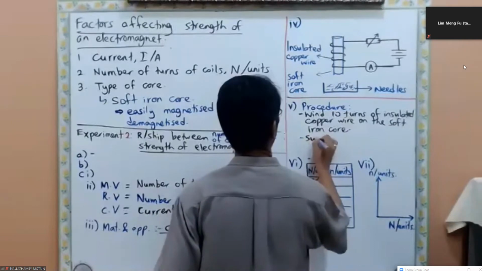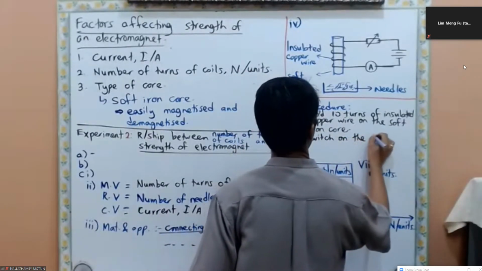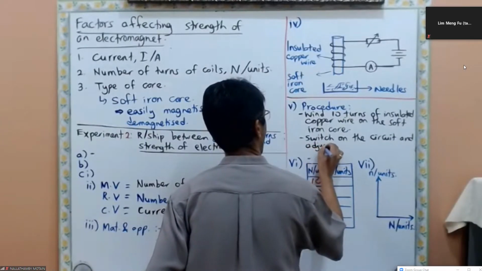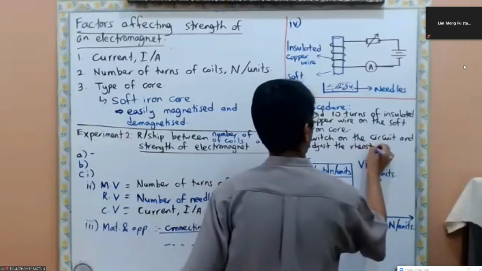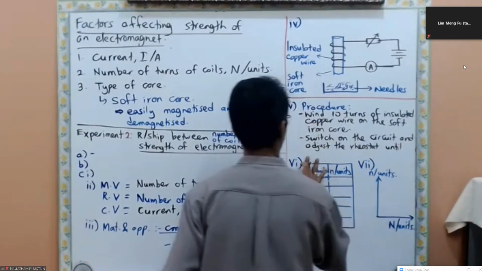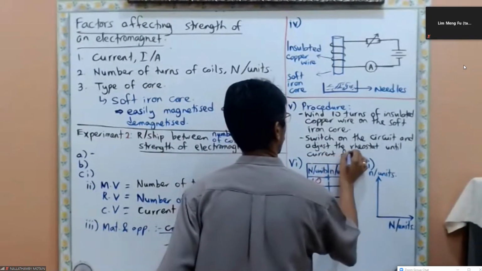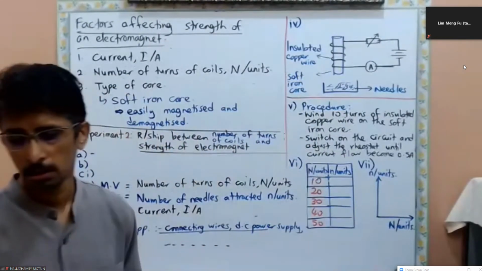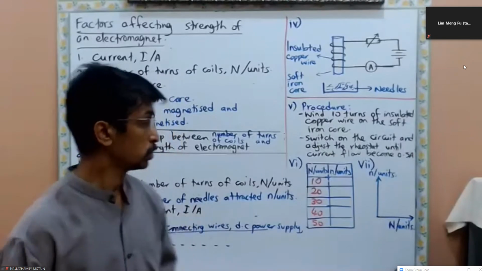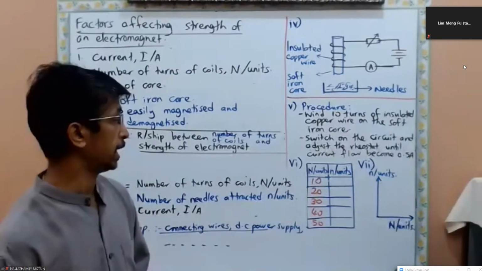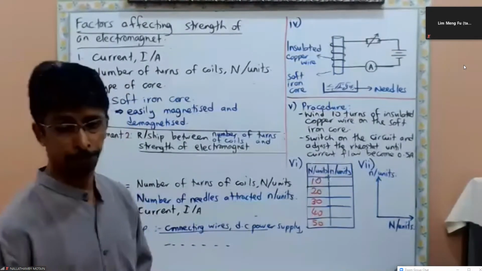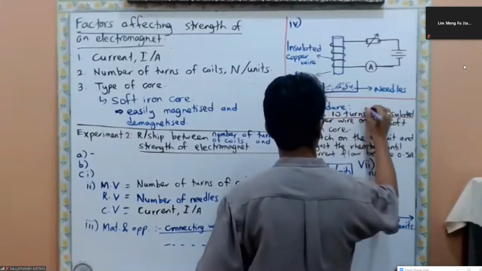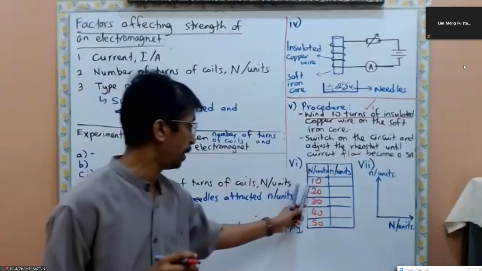So, switch on the circuit and adjust the rheostat until the current flow becomes 0.5 ampere, but no marks for 0.5 because this is not the manipulated variable. Only one mark is given for the number of turns, 10 turns of insulated copper wire, because you already control the first value of the manipulated variable.